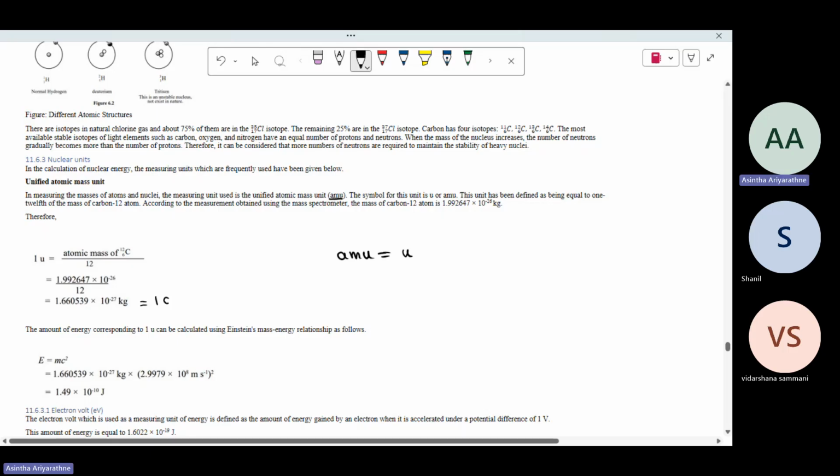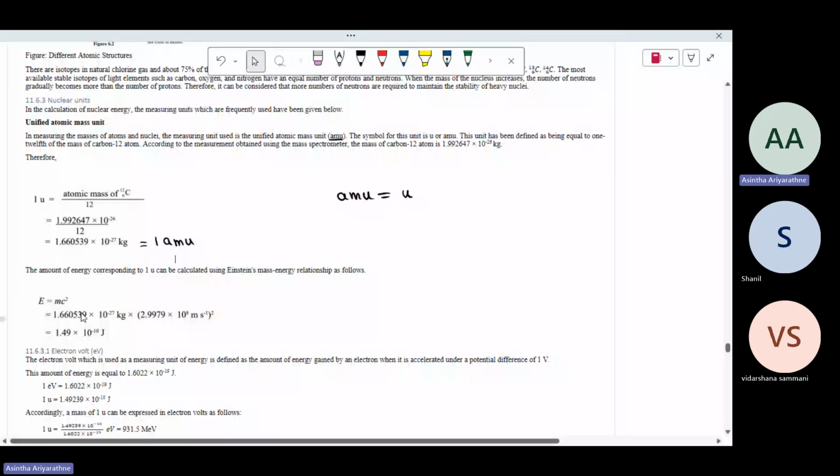Then using Einstein's mass energy equation for mass energy conversion, we can find the energy corresponding to an atom having 1 AMU of mass. Simply apply the values and you get 1.49 × 10 to the power minus 10 joule.